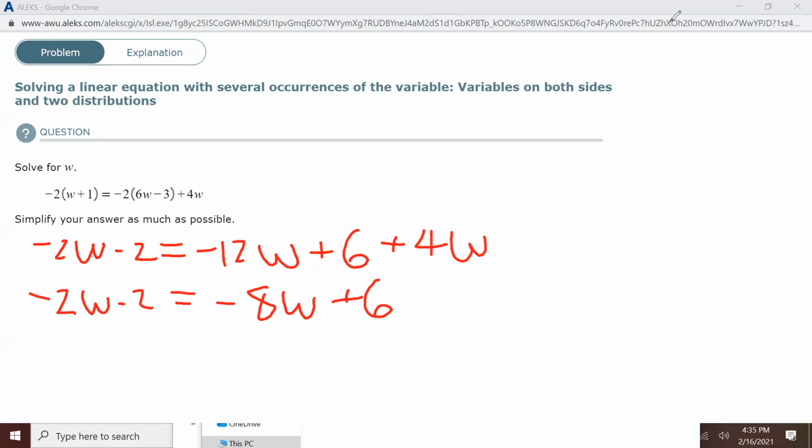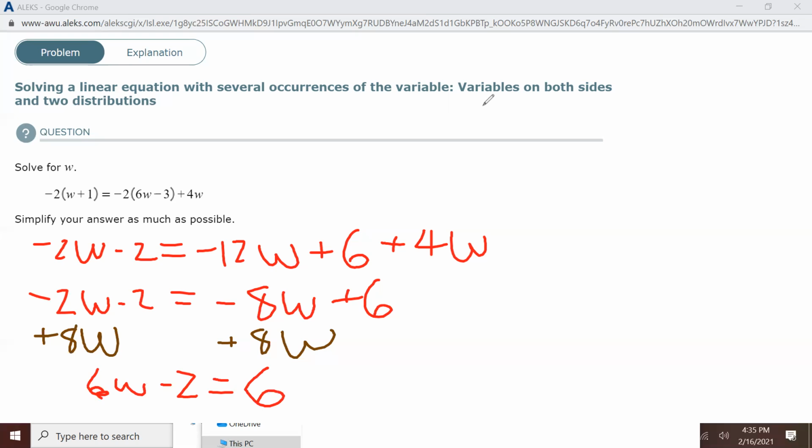So I will add 8w to both sides because I just like ending up with the variable on the left side of the equation. Negative 2w plus 8w is 6w minus 2, and the 6 on the right side of the equation don't change yet.